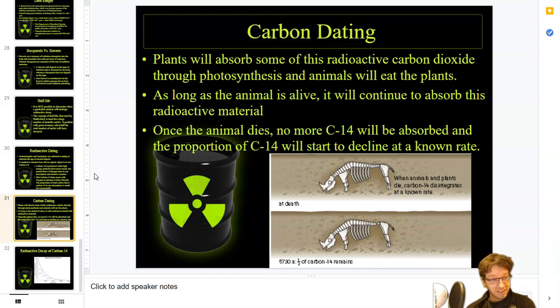And then animals will eat those plants. And then other animals will eat those animals that ate those plants. So there's a certain amount of radioactive carbon in every living thing. However, when you die, you stop eating. And so you stop taking in this radioactive carbon. And over time, the radioactive carbon inside of you will decay, and the amount that is left will tell people how old it is, knowing the half-life of that carbon-14.